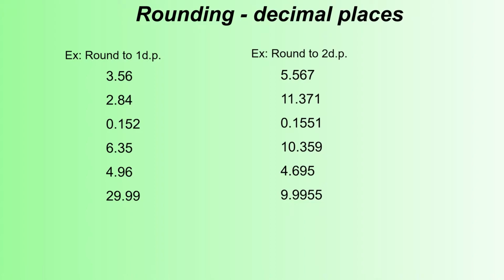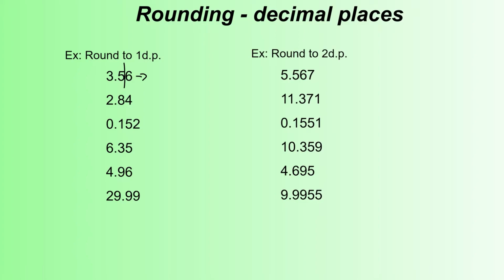So 3.56, if we start off with the first one. We know we want one number after the decimal point, so we're going to cut off after the 5. We're going to look at the number after that cut-off, after that line we've drawn, and that's a 6. Anything 5 or higher at that point tells us to round up.